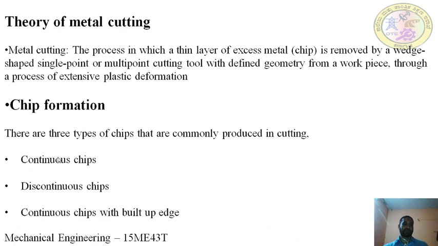As I told you, depending upon the material, that may be ductile or brittle material, the geometry of the cutting tool, and also the cutting conditions, that is feed, depth of cut, and cutting speed, these three kinds of chips will be formed: continuous chips, discontinuous chips, and continuous chips with the built-up edge.